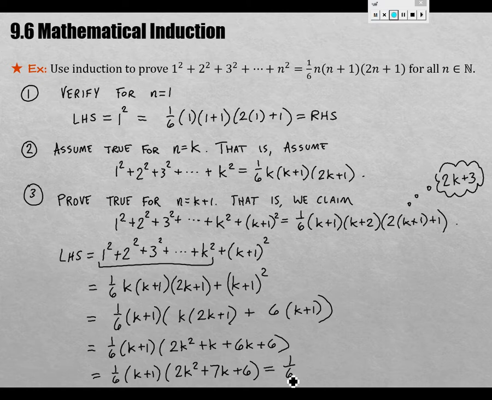So is that the right side? Does that factor as k plus 2, just wishful thinking, times 2k plus 3? Can someone check that that's actually true? Anyone?